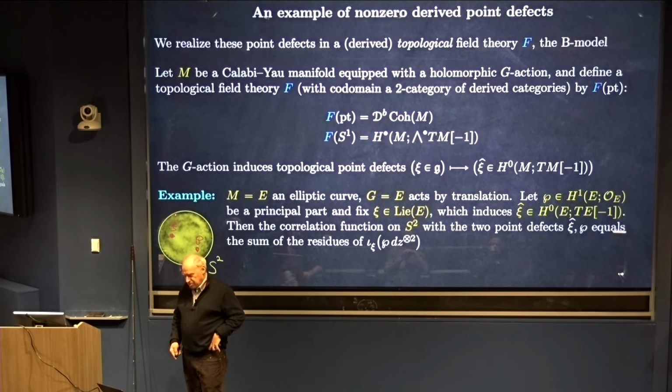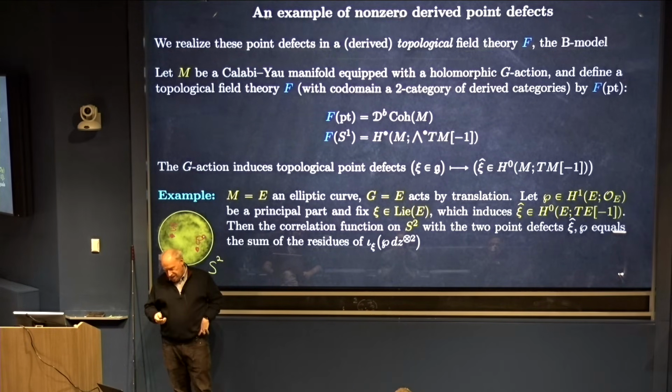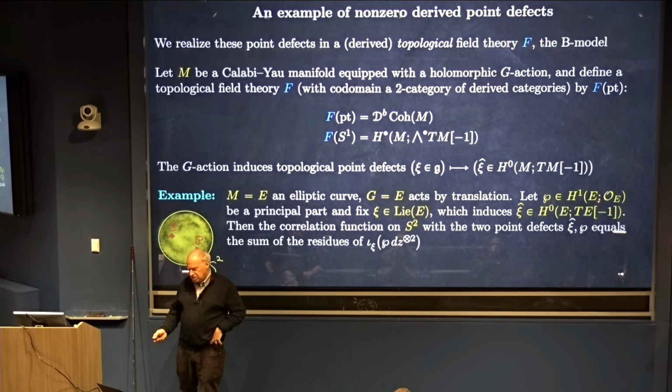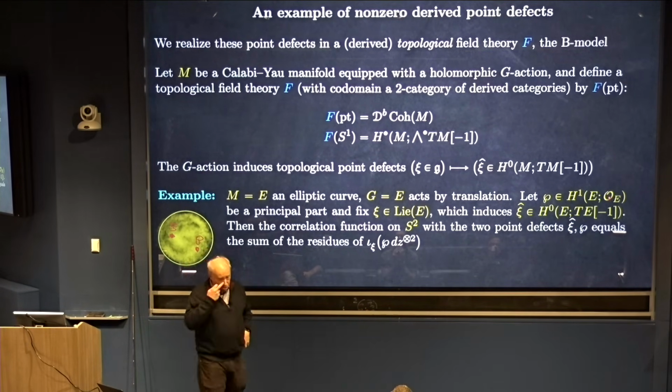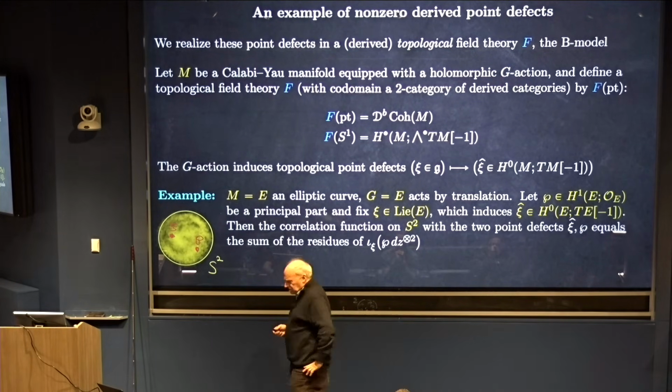That was in the sandwich presentation, this rho defect, given by an element of the Lie algebra of E. And then we need something also of degree 1 to get a non-zero answer. We're going to take something in the first cohomology with coefficients in O, which we'll interpret as a kind of principal part for a meromorphic function.